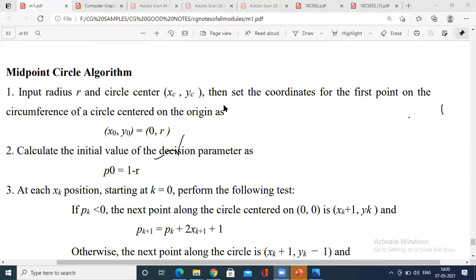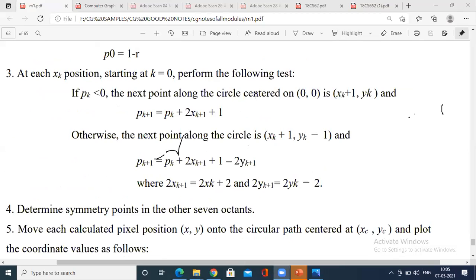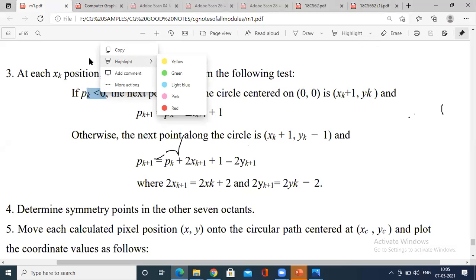See here, given xc, yc. Initially 0 comma r, calculate the initial value of the decision parameter p naught equals 1 minus r. The value of p is less than 0 along the circle centered. So the first intercept is xk plus 1 and yk if pk is less than 0.